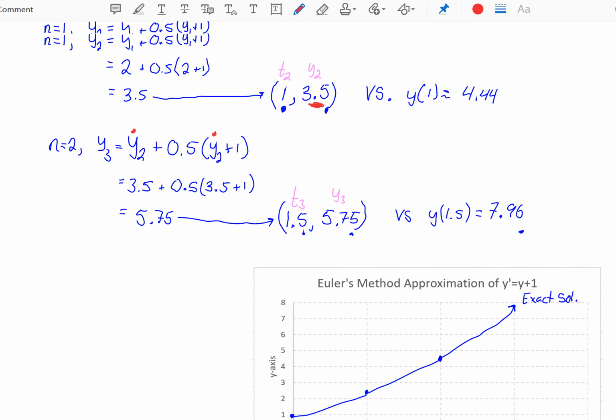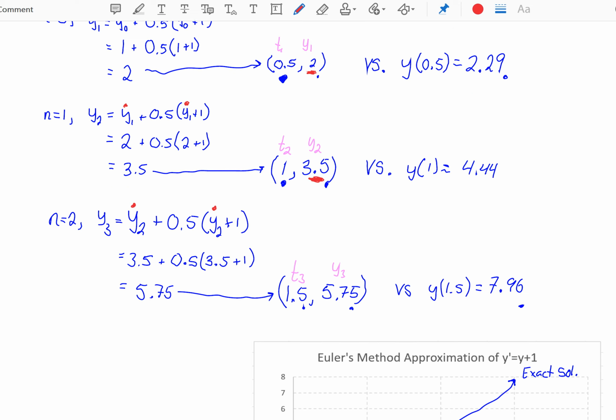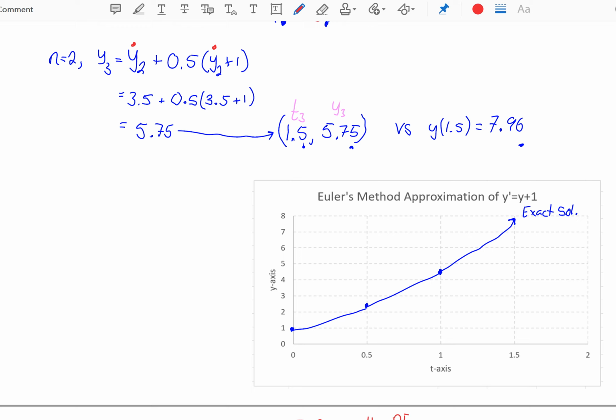Now let's also graph our Euler approximation. Now again, the Euler approximation started at the same initial value problem. So y of 0 is 1. At our first iteration, 0.5, we said the y value was approximately 2, so a little bit less. At 1, we said it was 3.5. So about here. At 1.5, we said it was 5.75.